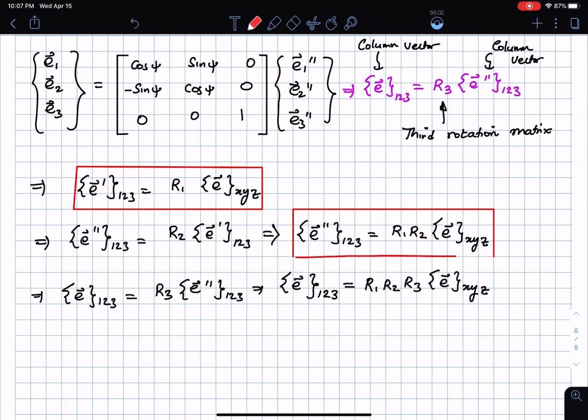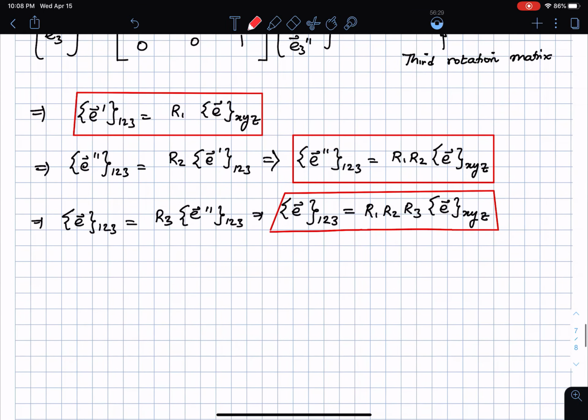And you can immediately see that the rotation tensor for the Euler sequence is given by the set of three rotation matrices r1 r2 r3. And then here is the third one. Let me write that out properly. These are three things that are fairly important in our analysis.